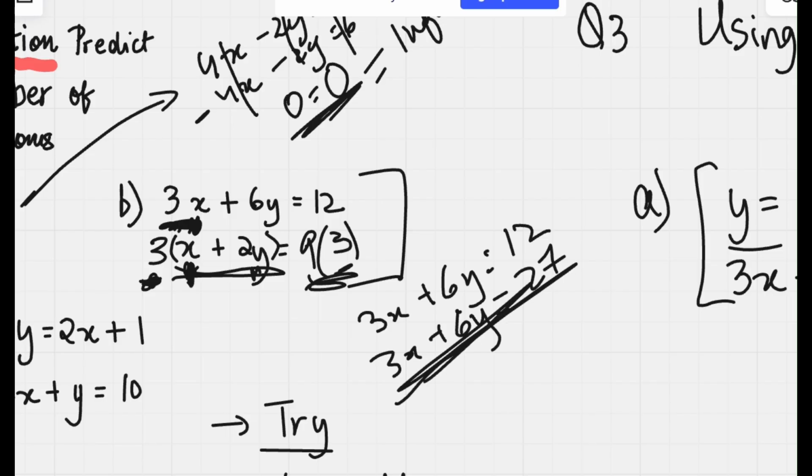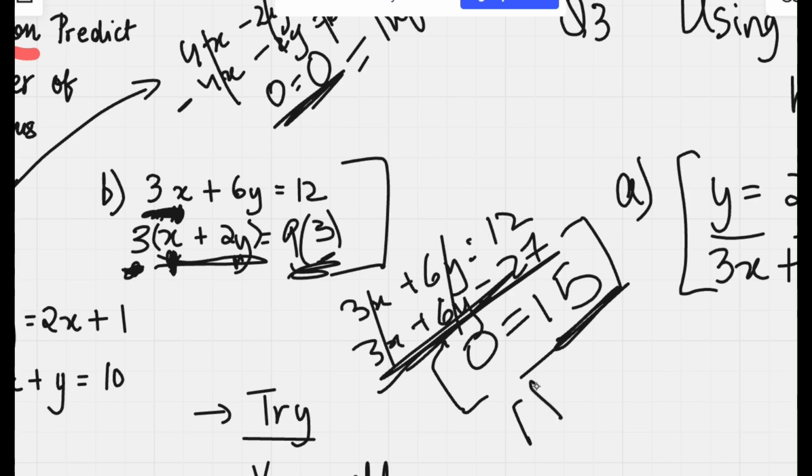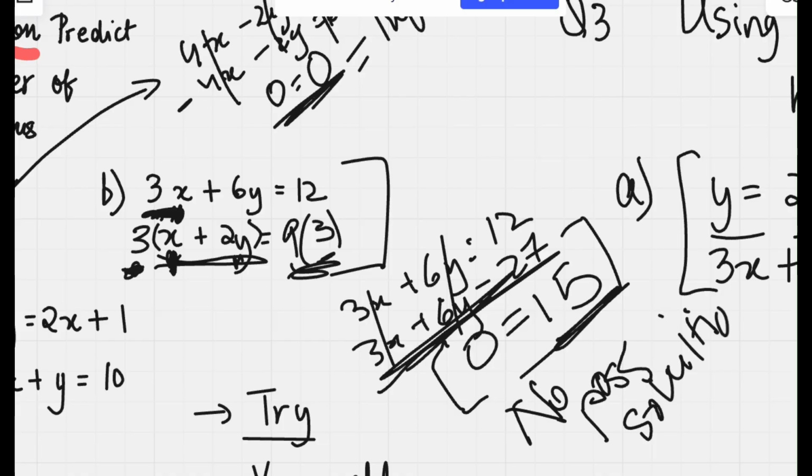And when we subtract, these all cross out, giving us 0, and we get 0 equals 15, right? And this statement is not mathematically possible. So that means that there are no possible solutions, meaning that the lines never intersect and are parallel.